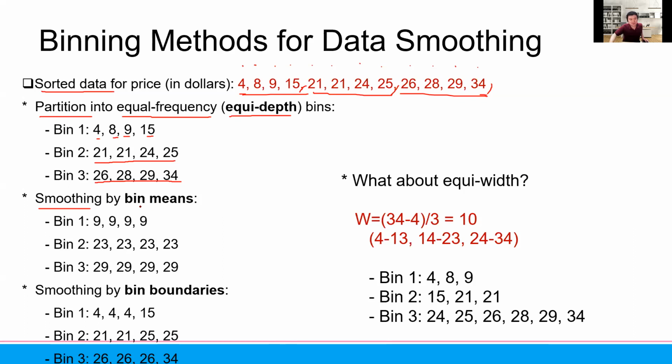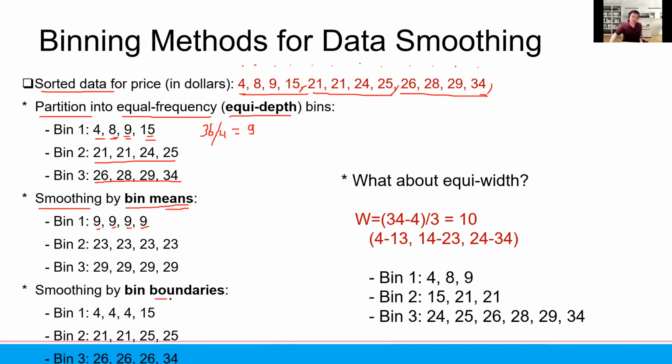If I want to do the smoothing by bin means, what is the bin mean here? 4 plus 8 plus 9 plus 15 is 36, and 36 divided by 4, because we have 4 values, gives 9. So the 9 will replace each of the values in the bin, because we are using the means.